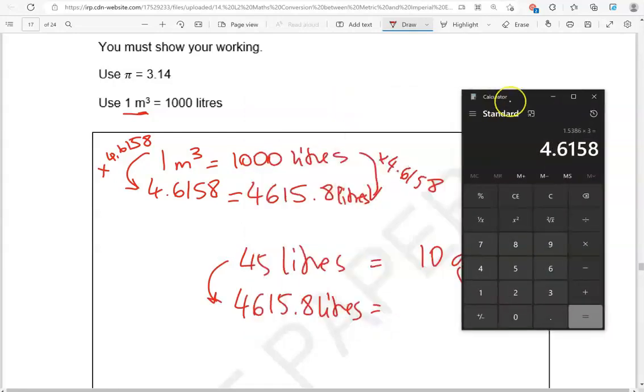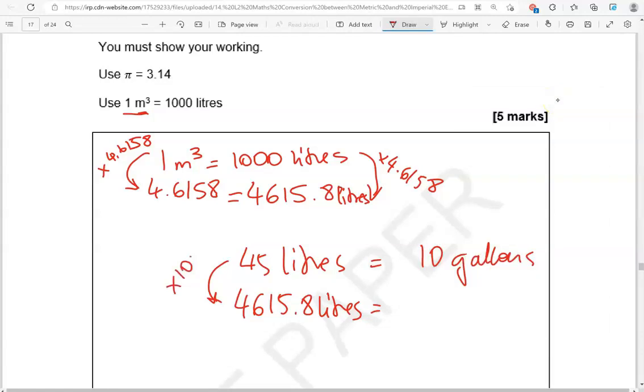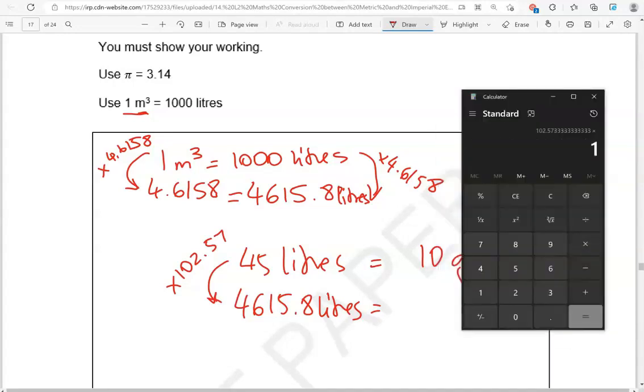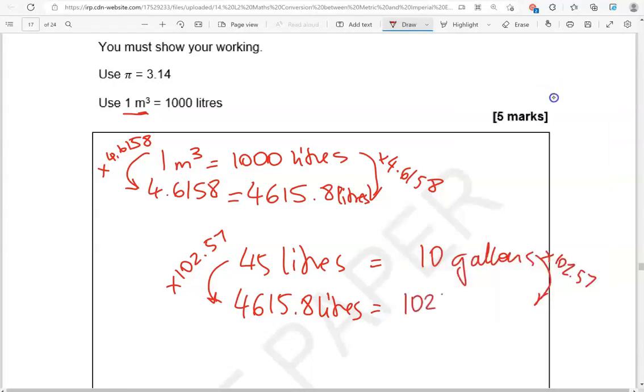So we're going to reverse that. 4,615.8 divided by 45 gives us 102.57. So we'll do that on the other side. If I just multiply this by 10, gives me 1025.73 gallons.